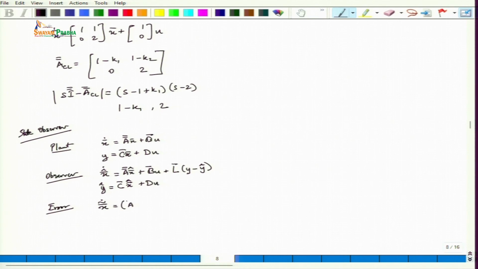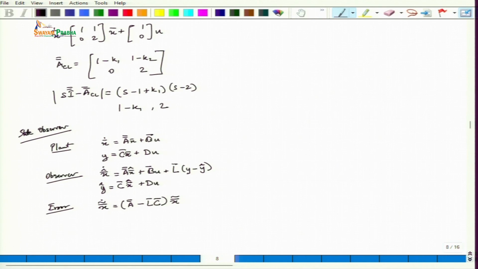If we combine the two, subtracting one equation from the other, the contribution of u will cancel and we are going to be left with A minus LC times x tilde, where x tilde is the difference between the observed state and the plant states.